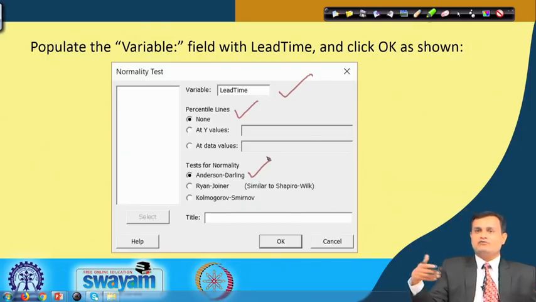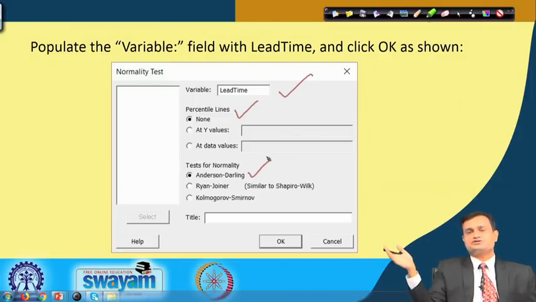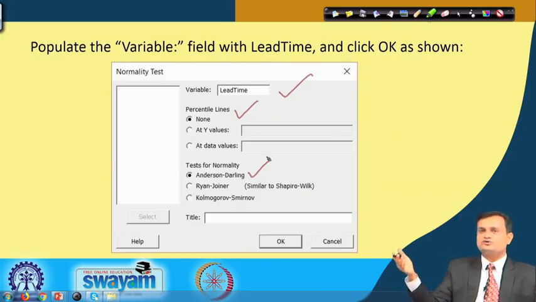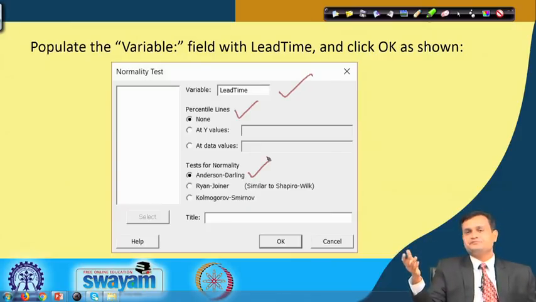So, when I want to do this with a certain kind of assumption, there are various tests available. For this purpose, I would use the Anderson-Darling test, which is widely used to check normality.